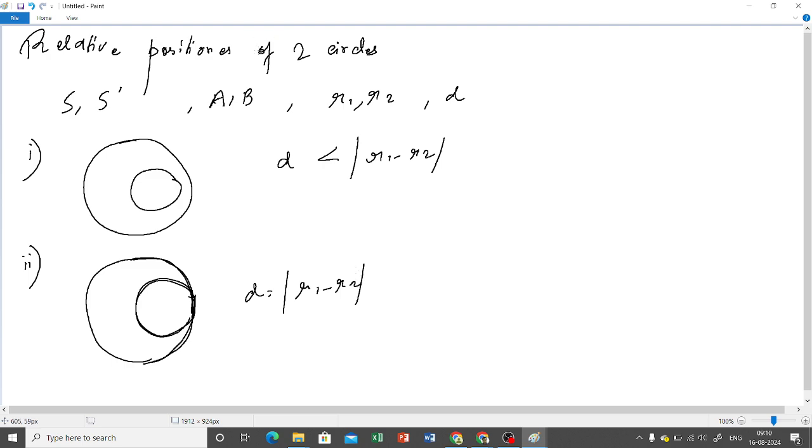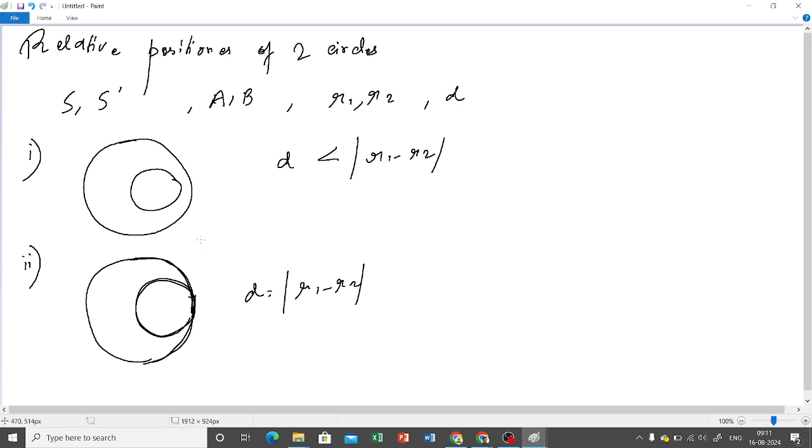So one circle is completely inside another if D is less than mod of R1 minus R2, and they touch internally if the distance between the centers is equal to mod of R1 minus R2.